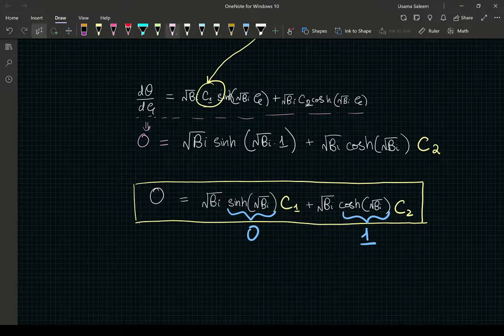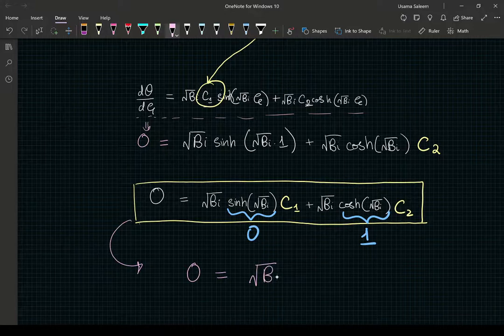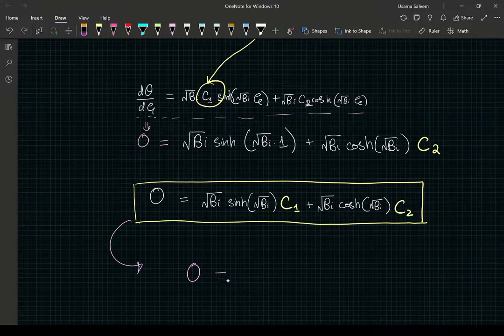With that said, 0 is equal to nothing. Actually, no, my bad. This is not 0, and this is not 1. Sorry. I thought I could play around with the algebra. I was a fool. Sorry.